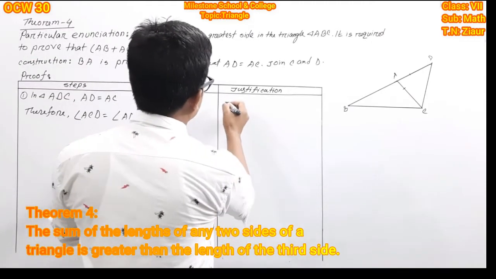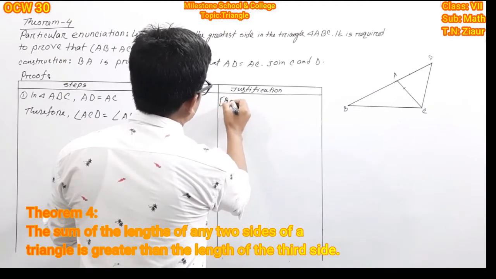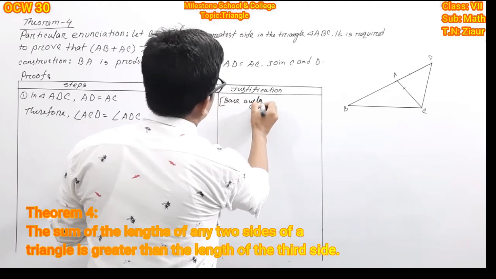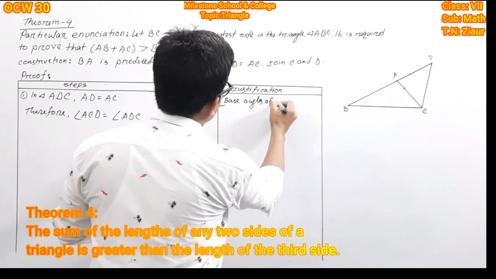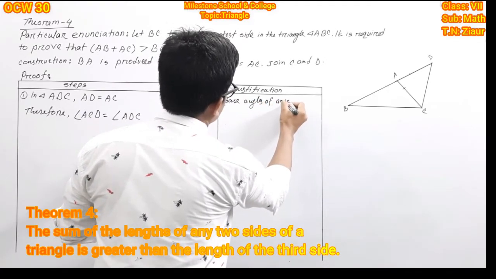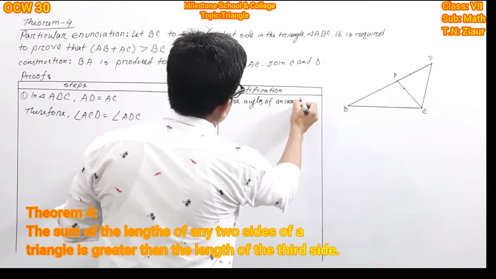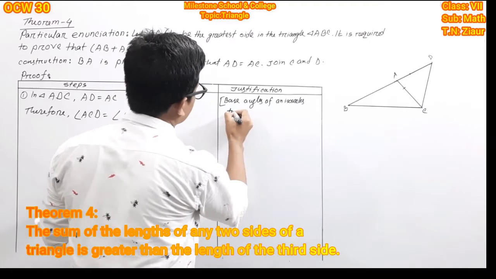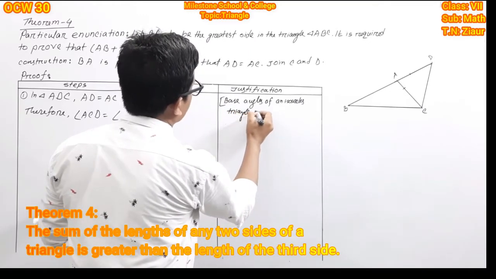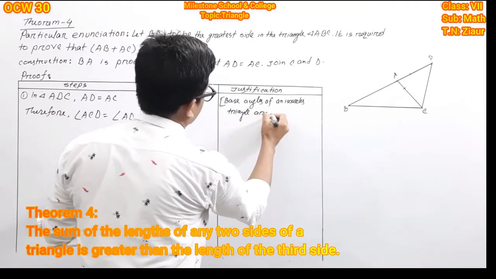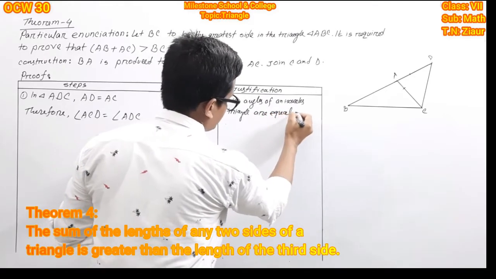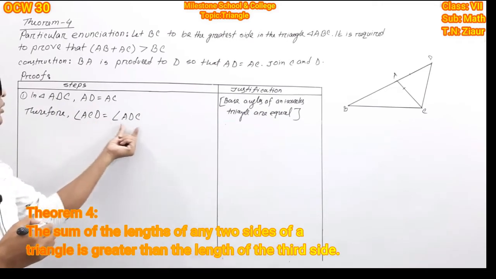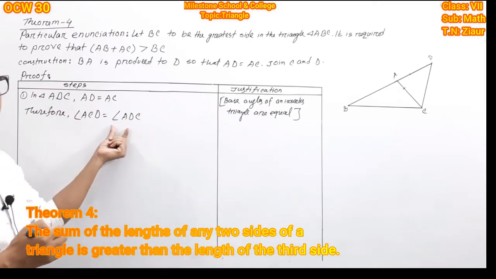So we write here in justification: base angles of an isosceles triangle are equal, right? This we know. These angles are equal because ACD becomes an isosceles triangle.